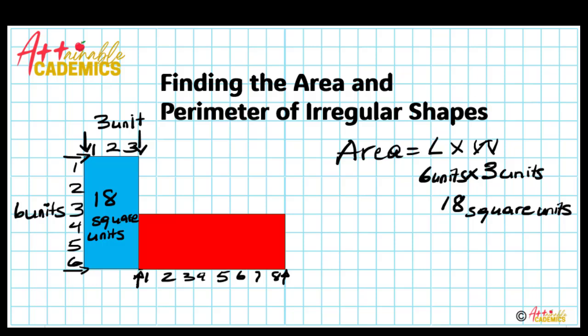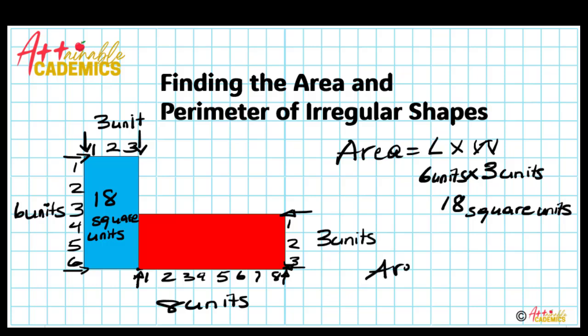So this length of the red rectangle is 8 units. Hope that makes sense. And then we are figuring out the width right here, which is 1, 2, 3 squares. That fits right alongside there, so we call this 3 units. So we have the length and we have the width of our red rectangle.